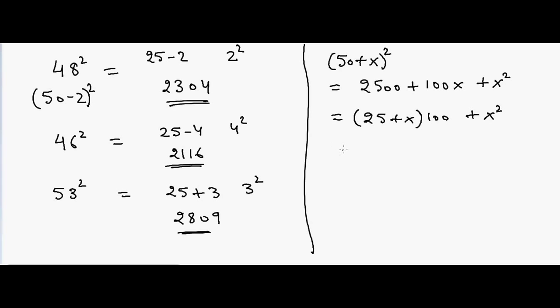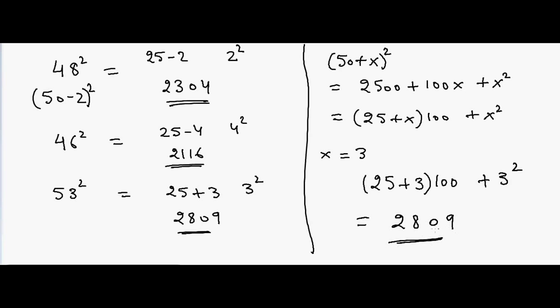So as you can see, if x is equal to 3, then what I'm doing is adding 25 plus 3, right, and then adding 3 square, so the answer is equal to 2809. So this is how this trick works. It's based on a plus b whole square.